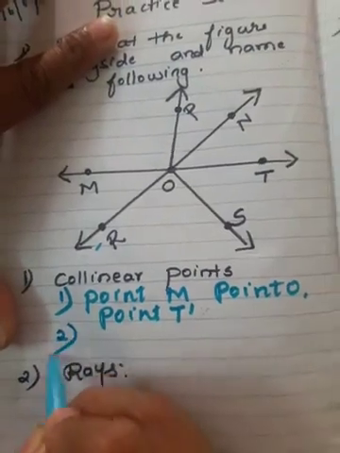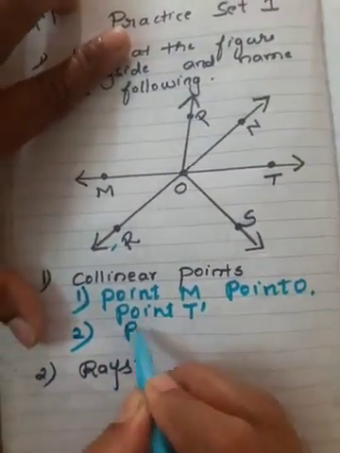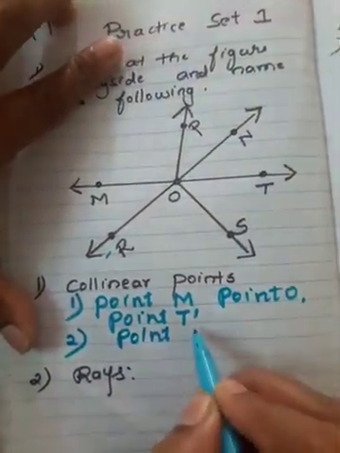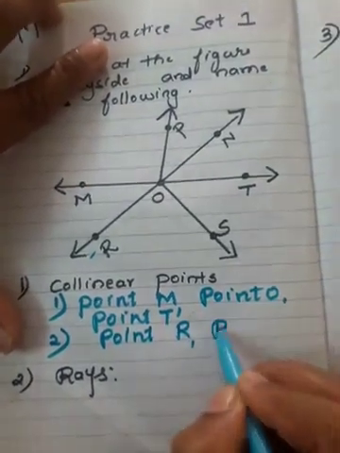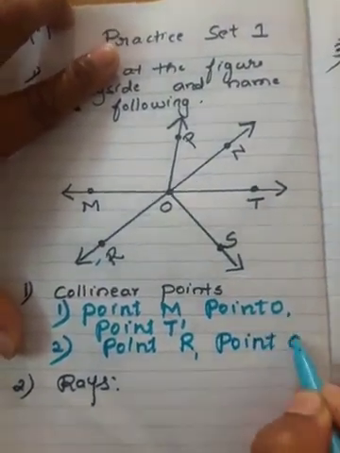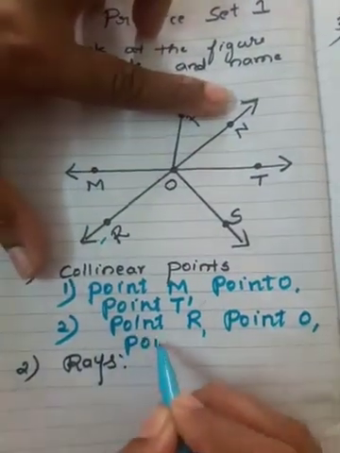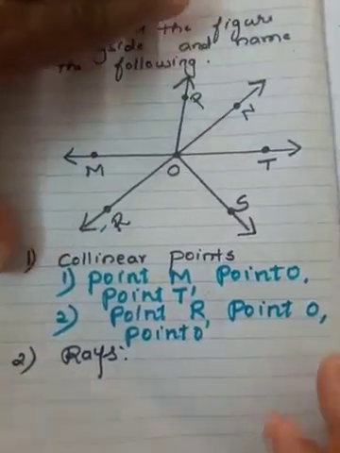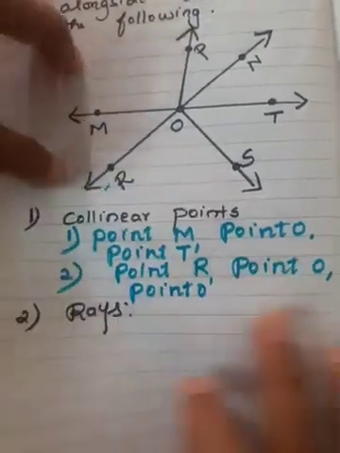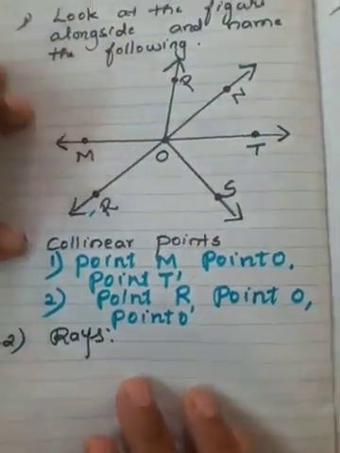The second set of collinear points are point R, point O and point N. Okay, so there are 2 sets of collinear points.